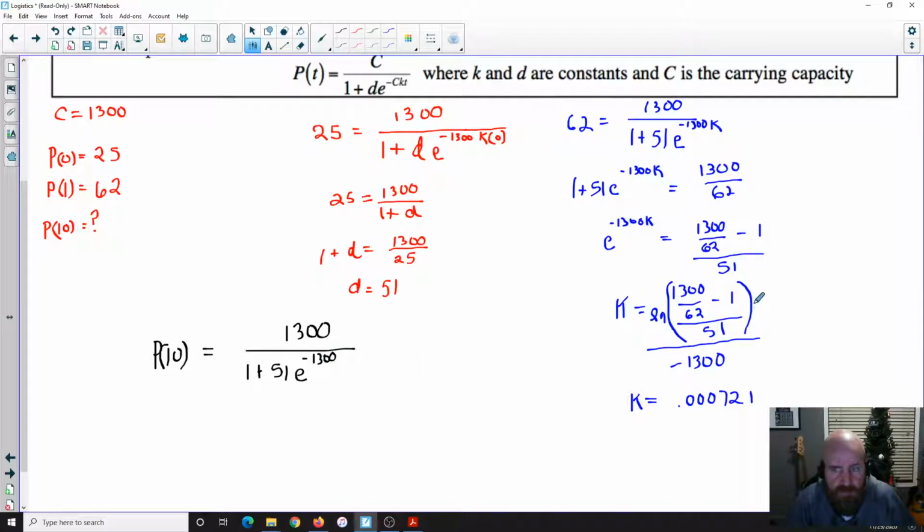So we can punch that in, remember, or we can throw that answer in there. Either way is going to work out for us. And then we're multiplying by 10, because that's our time. Okay, so let's go ahead and crunch this.